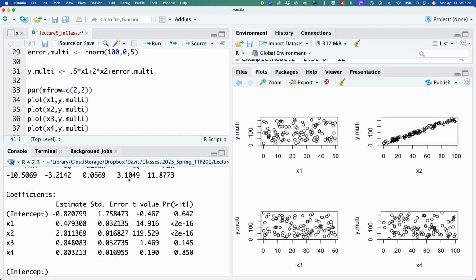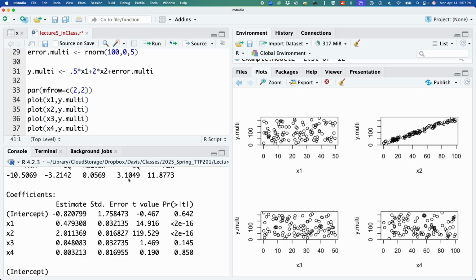x1 is 0.479, pretty close to 0.5. In fact, less than one standard error away from 0.5, and statistically significant, great. And x2 is just about 2, statistically significant. Both x3 and x4 have some coefficient values here, but neither of them is statistically significant.